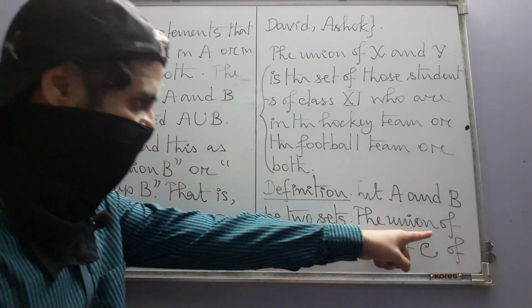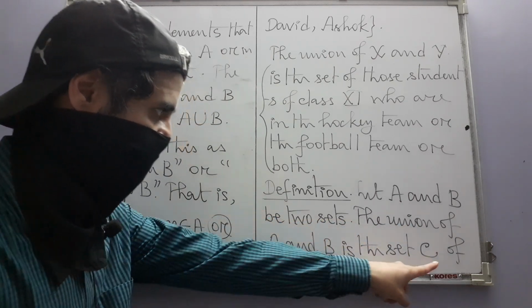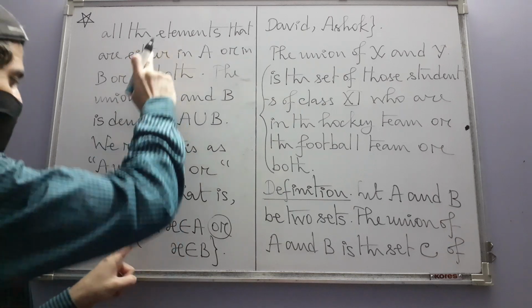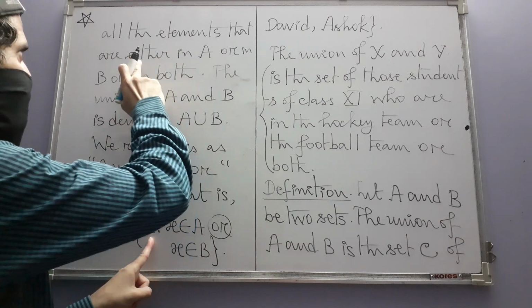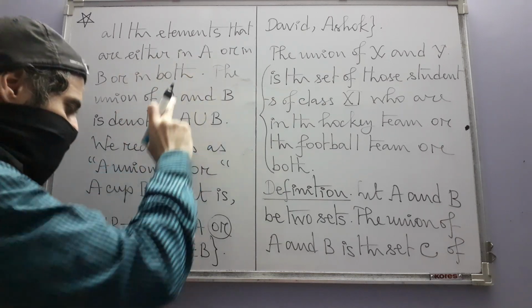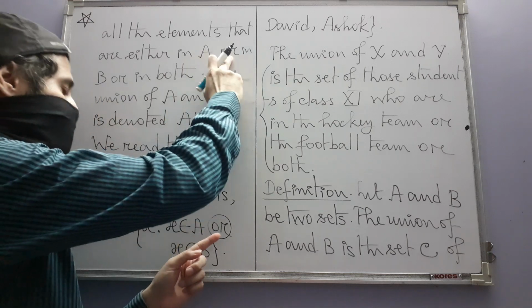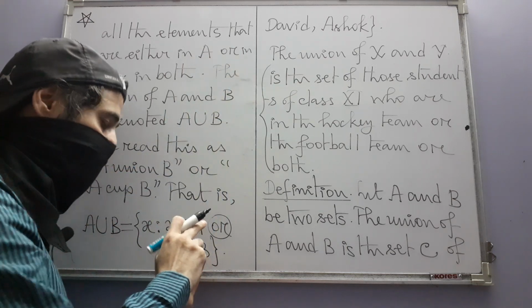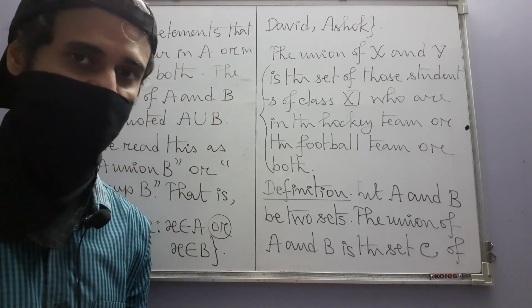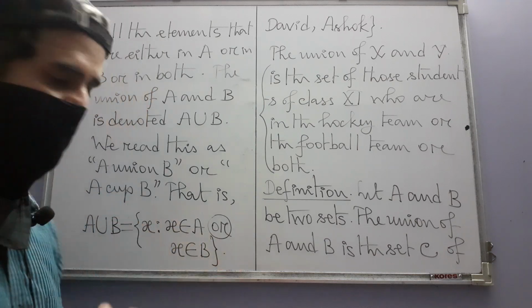You see, the union of A and B is the set C of all elements X that are either in A or in B, but also in both. Where is that thing? It's not present here.